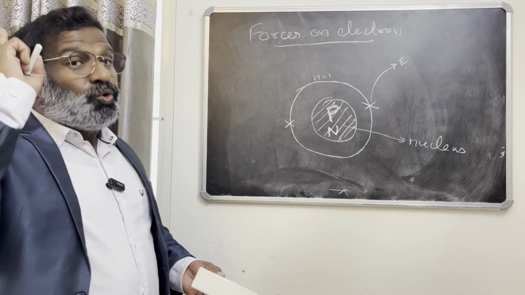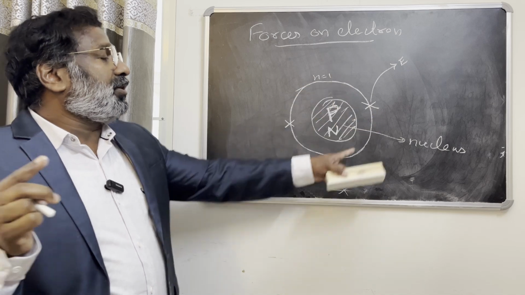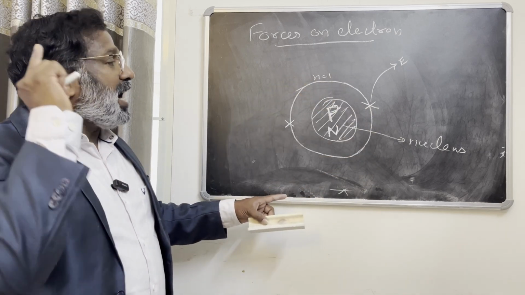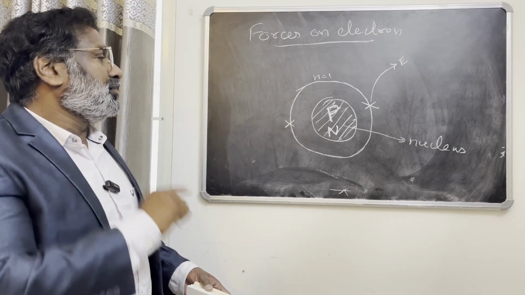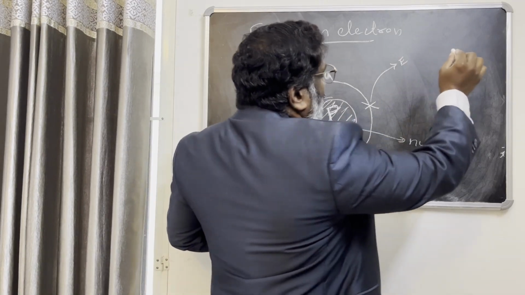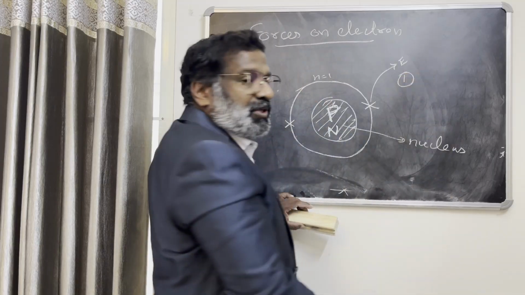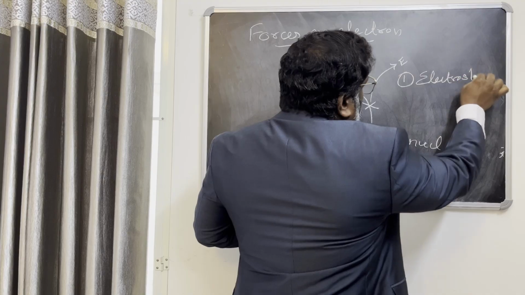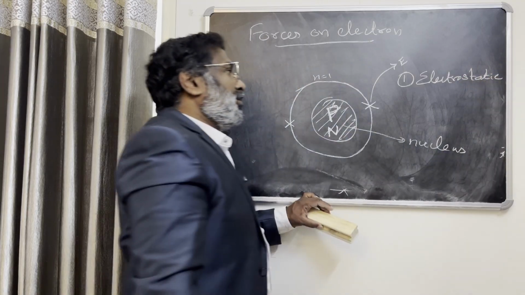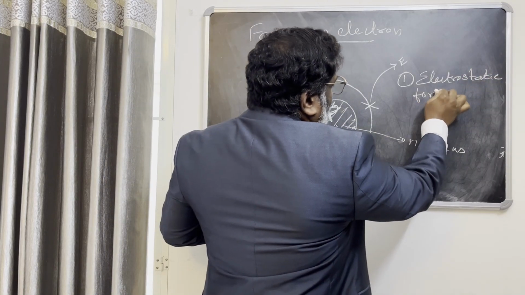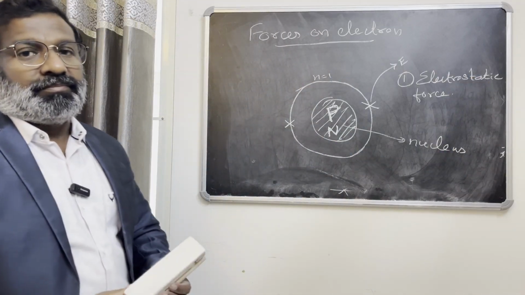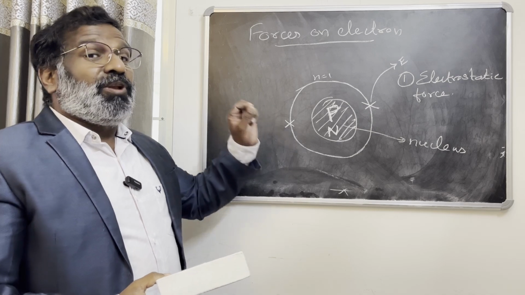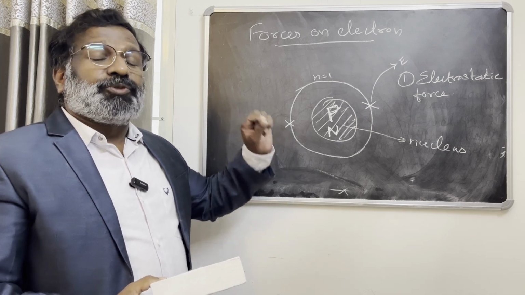Actually, 2 forces will act over the electrons which are revolving in the orbit. The first force is the electrostatic force. In physics you might have studied that there is a force of attraction between opposite charges.